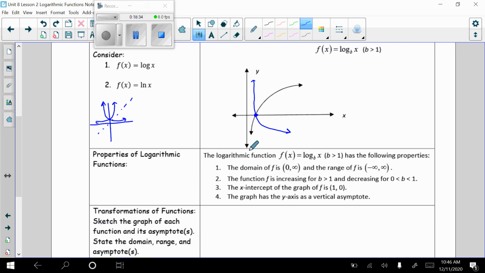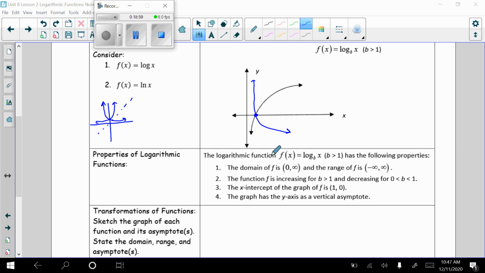So we have a vertical asymptote at 0. That's because we're dealing with, remember, a log is equal to an exponent. And when you raise something to a power, it will never equal 0. So it's going to approach it but never reach it. The range is negative infinity to positive infinity, or all real numbers.